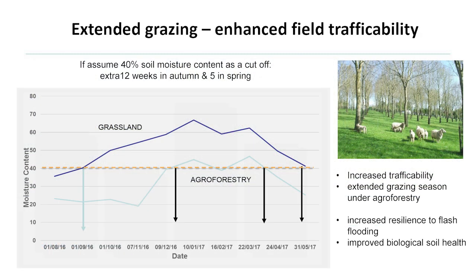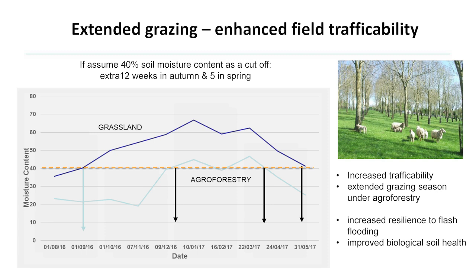The dark blue line is the grass-only field. The light blue line, which is very faint, is the agroforestry field. The dashed line going across is 40% soil moisture. Above 40%, there's the risk of damage through poaching or cutting up or compaction.